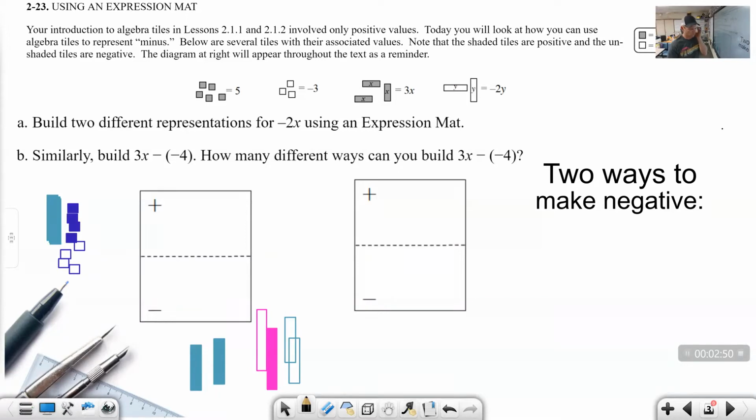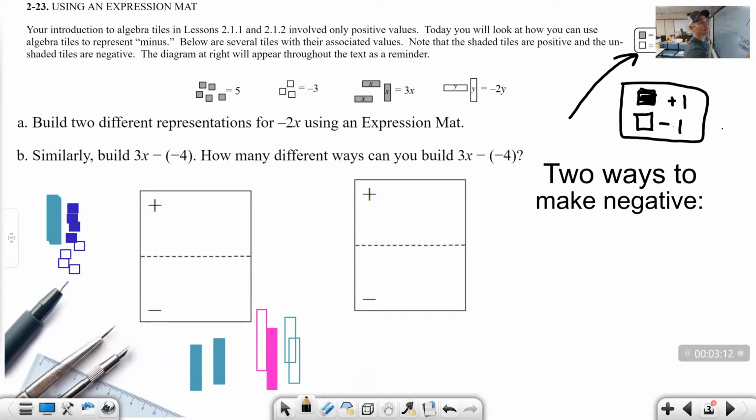We're going to focus on utilizing these tiles and expression mats, and how do we show these expressions on an expression mat. Notice in the upper right hand corner you've got this diagram where inside you have a shaded tile that is a positive and an empty tile is negative.